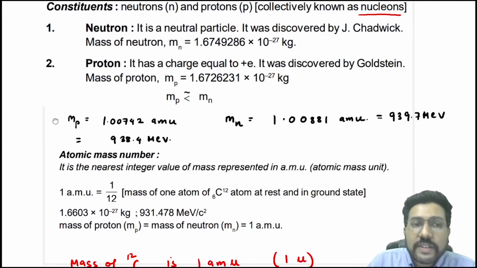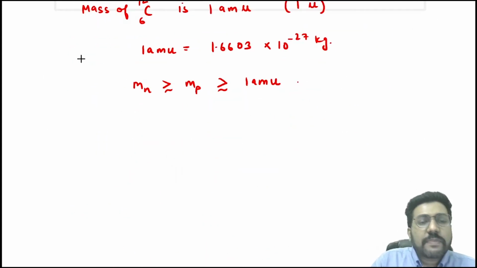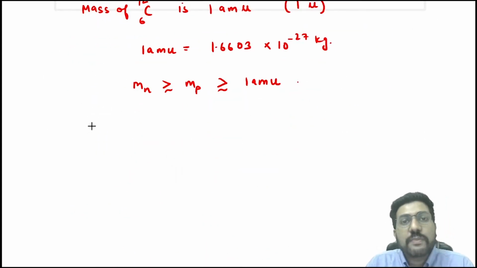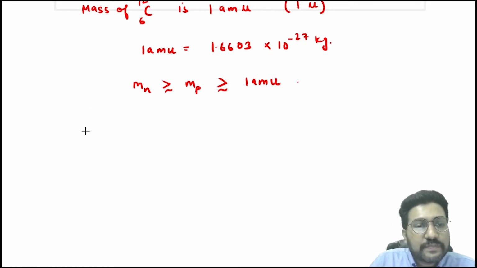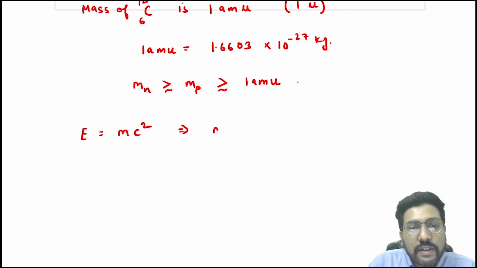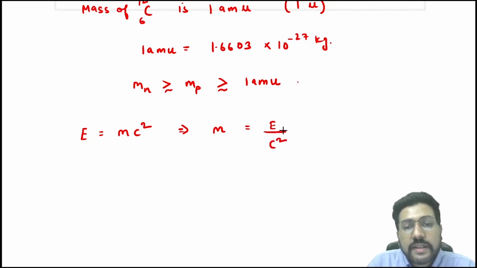But one more important thing here is, in this chapter we'll discuss one more way of representing mass. See, by Einstein's mass energy relation, you know that E = mc². So sometimes mass will also be written as energy upon c², where we will write this energy in mega electron volt. It's not necessary, but mostly the energy remains in mega electron volt.